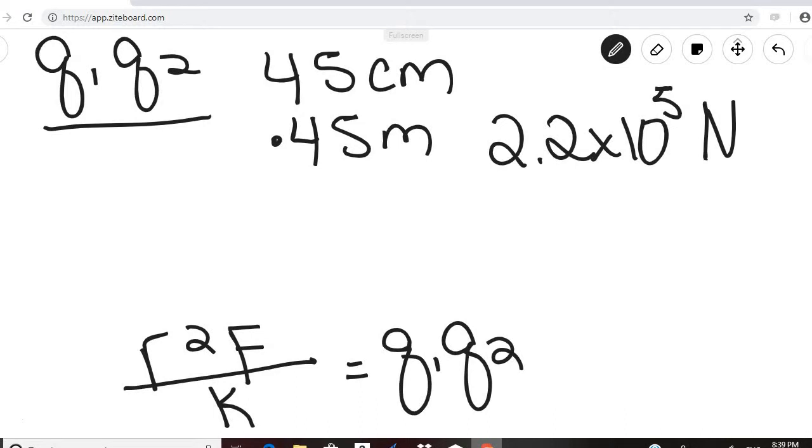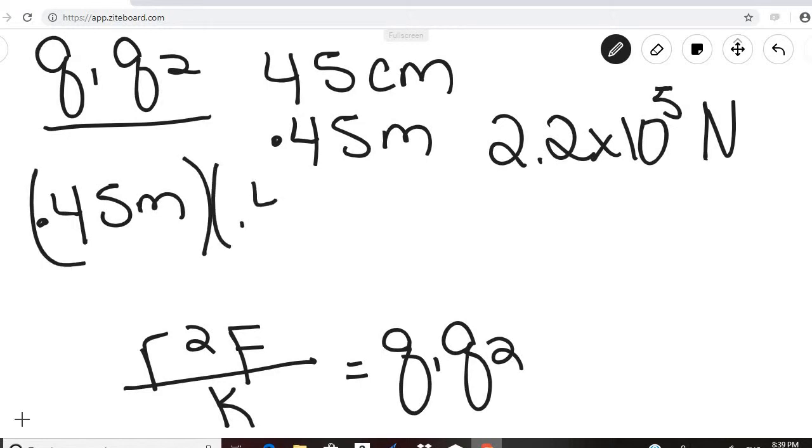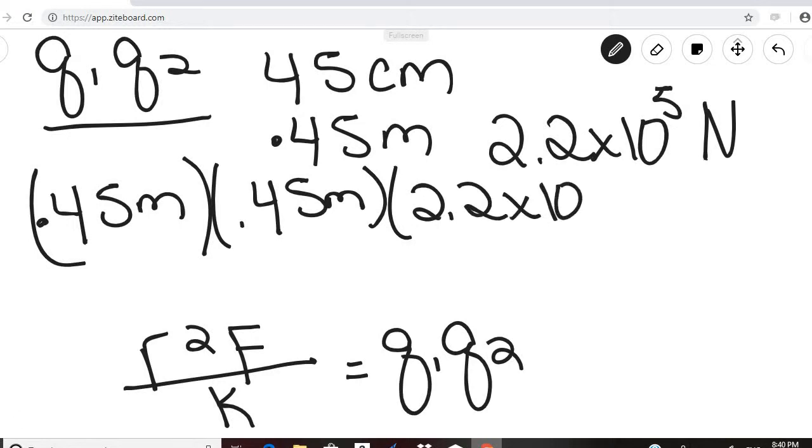So let's go ahead and plug in our numbers. R squared would be 0.45 meters times 0.45 meters, and then times F, which is 2.2 times 10 to the 5th newtons.